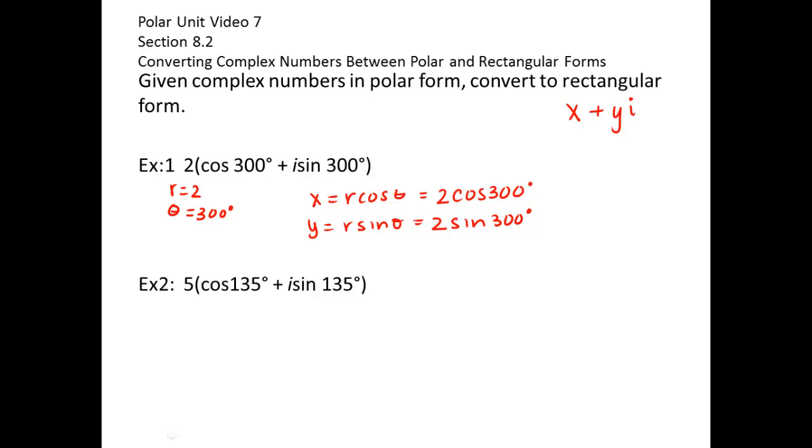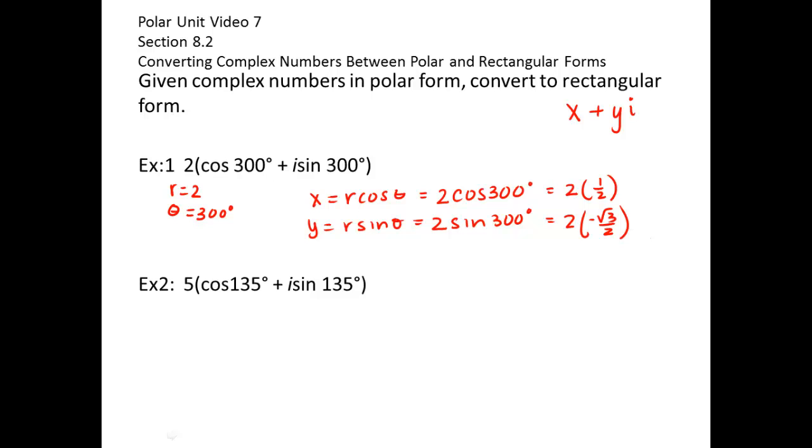So please note that 300 degrees is in the fourth quadrant, so whatever our answer is, we have to make sure that it matches a graph in the fourth quadrant. So the cosine of 300 degrees is a half, so this would be 2 times 1/2. And the sine of 300 degrees is negative square root of 3 over 2, because it's in the fourth quadrant.